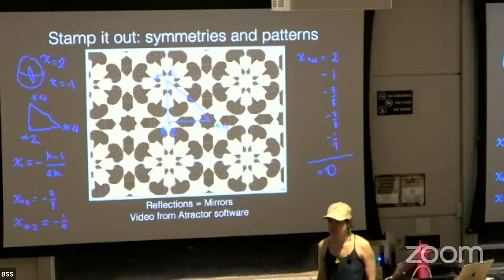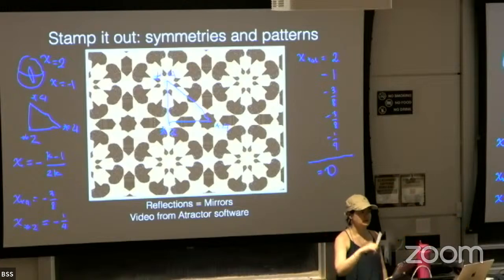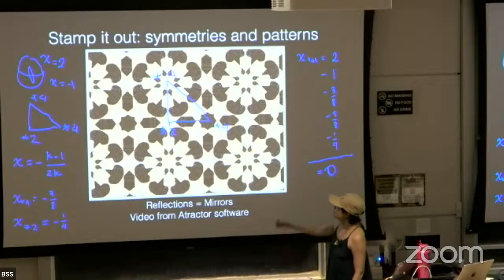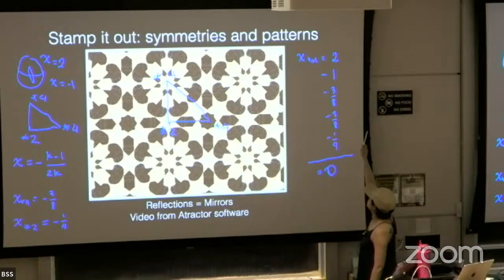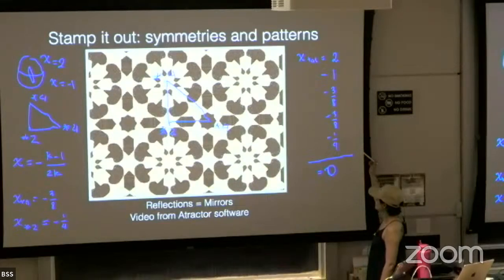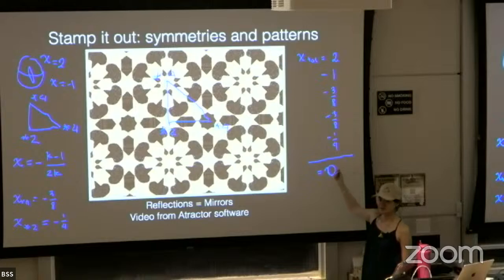So what this is telling me is that if I want to have an orbifold that can tile a specific surface, then its Euler characteristic has to be equal to the Euler characteristic of that topological surface. So if it's 0, it's a flat surface. If it's positive, it's a spherical surface. And if it's negative, it's hyperbolic.